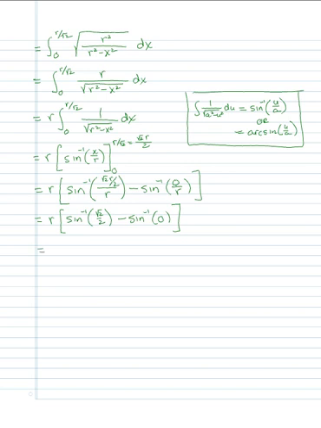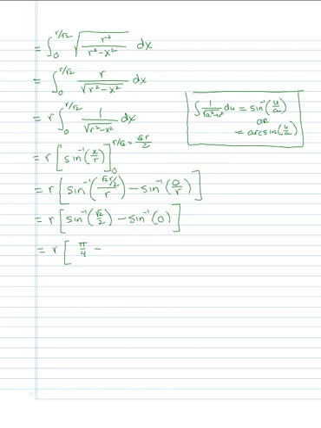Okay, so now what does inverse sine mean? Well, we're looking for the angle between negative pi over 2 and positive pi over 2 whose sine is the square root of 2 over 2. And that angle happens to be pi over 4. So the result we get right here is pi over 4.